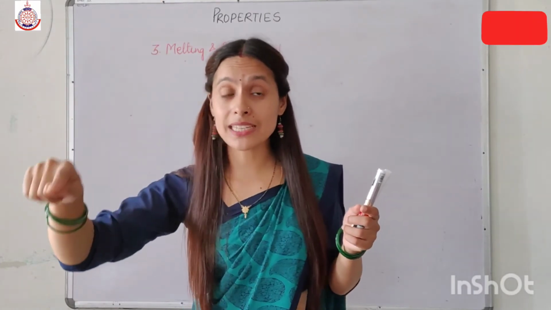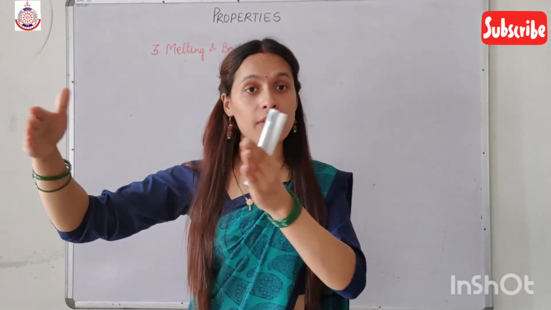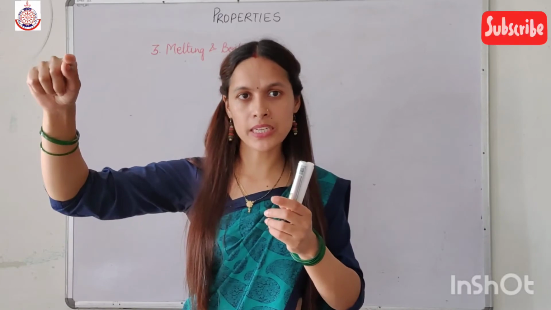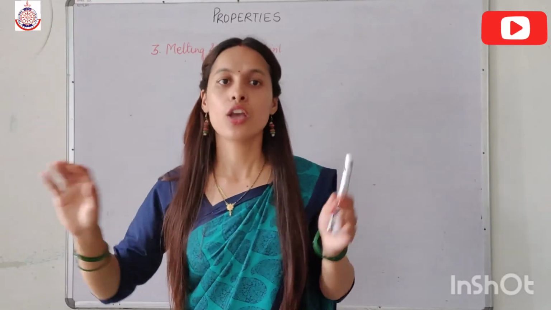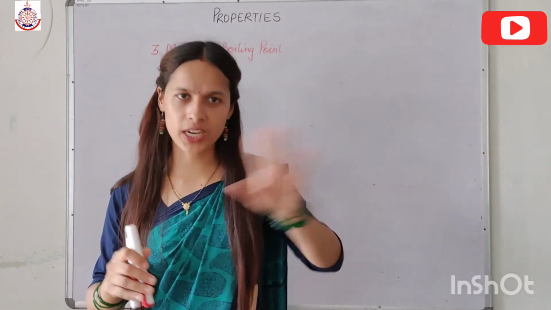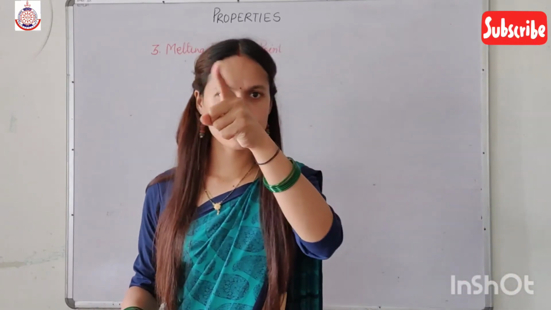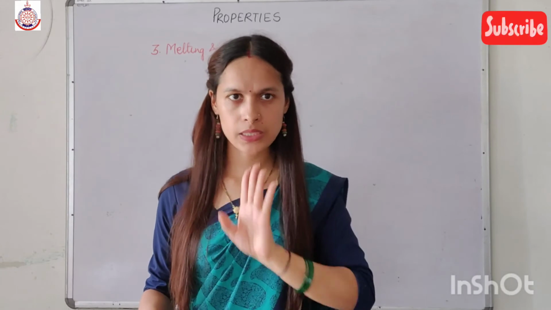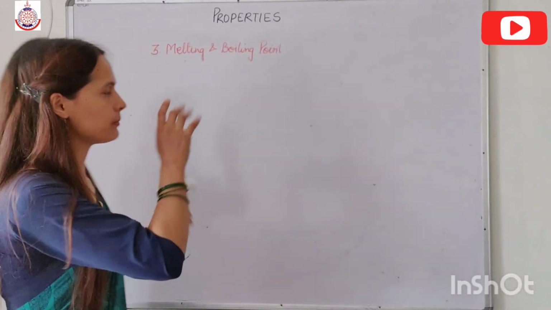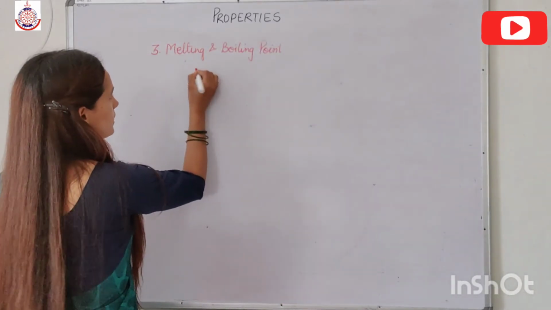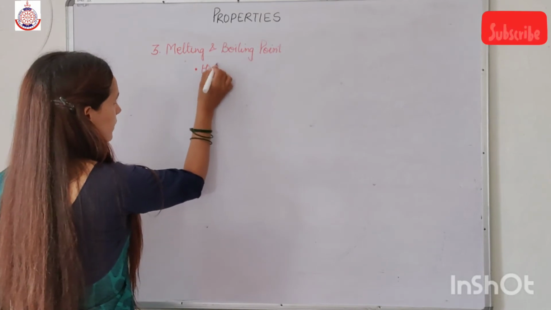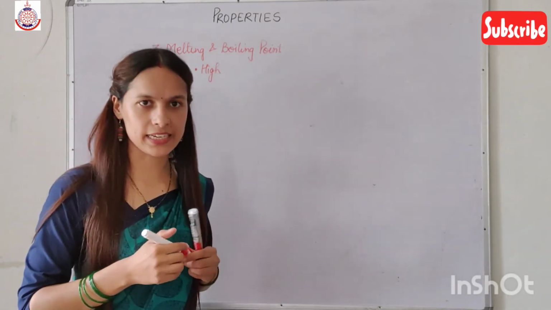Then in manganese, we get a sudden decrease. Then after manganese, we get a little bit of increase and then decrease. So in general, melting point first increases and then decreases. Clear? First point, the melting and boiling points of these elements are high because they show metallic character.